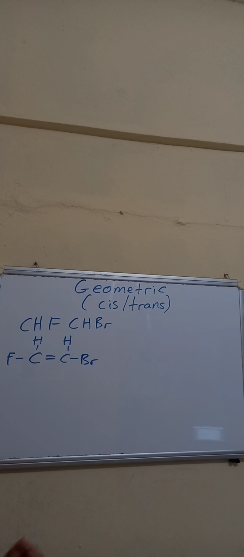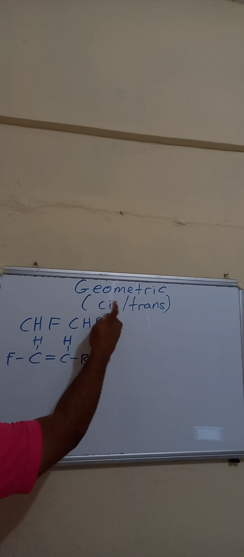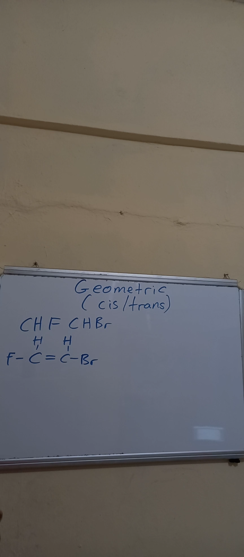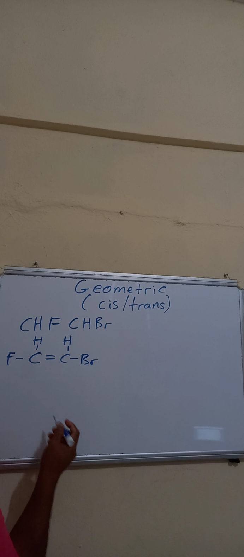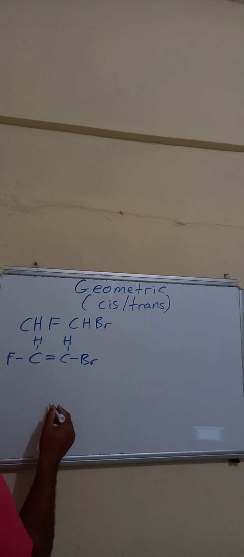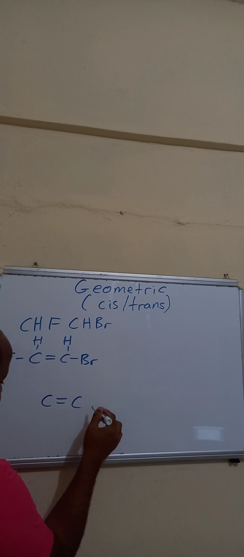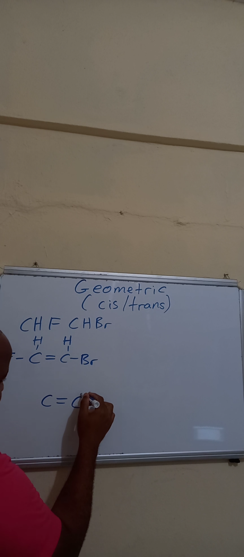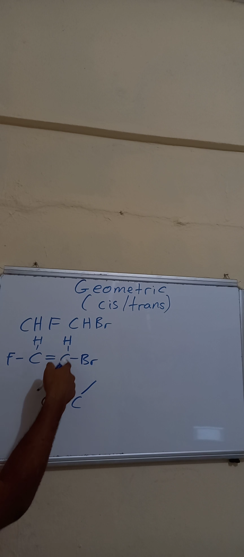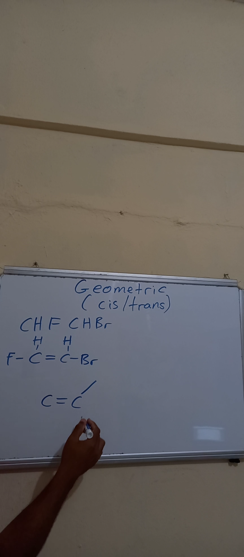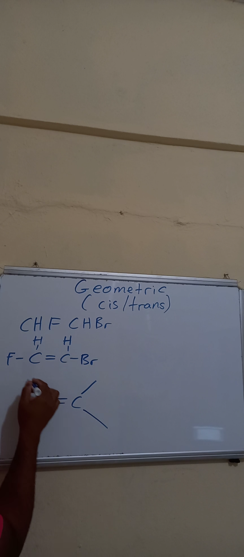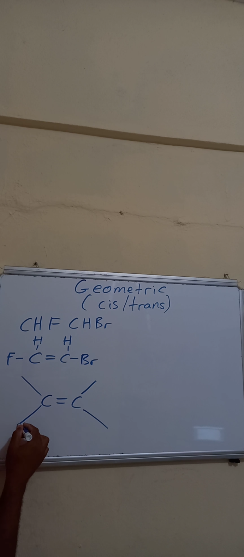Now to arrange it in the two configurations, cis and trans, let's draw the carbon to carbon double bond. We're not going to draw vertical and horizontal lines, we're going to draw diagonal lines, like that.